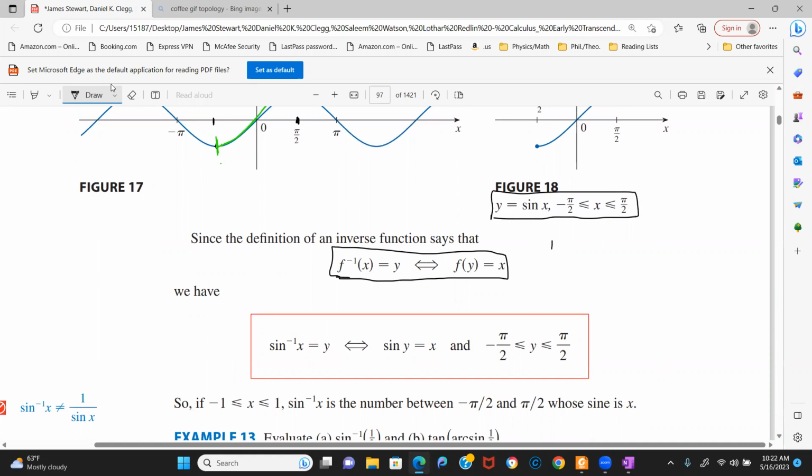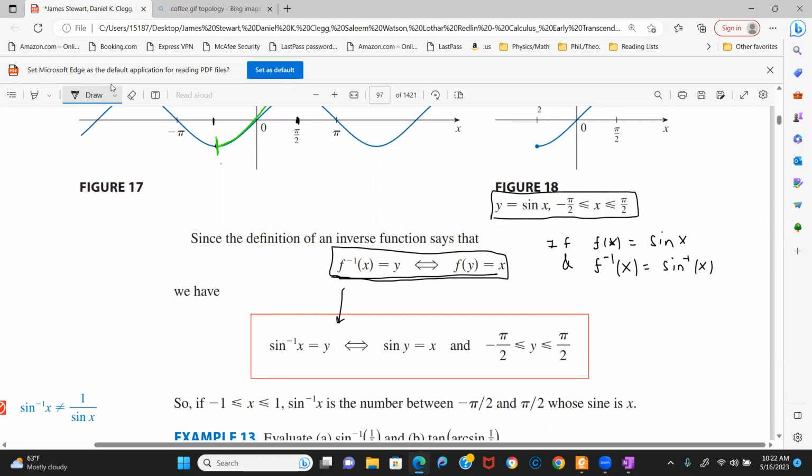If f of x is equal to sine of x, and we take f inverse of x to be sine inverse, so we're introducing more notation, meaning the inverse of sine, then this unfolds this way: sine inverse of x is equal to y if and only if sine of y is equal to x.